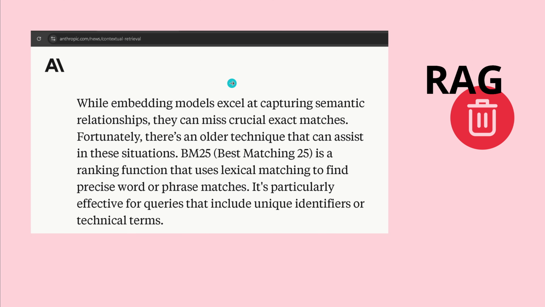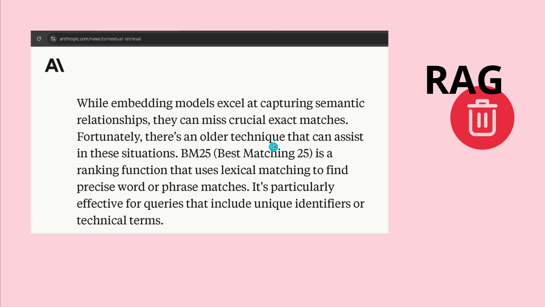And now Anthropic tells us, hey, yeah, beautiful. While these embedding models excel at capturing the semantic relationship, they miss crucial exact matches. So if you look, for example, if you have a CTO or a CFO, you look for a technical term or for some financial data, well, it's not going to work perfectly, but we have a solution.